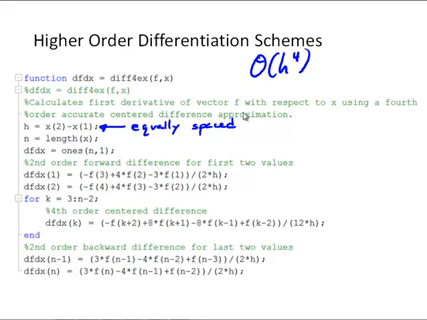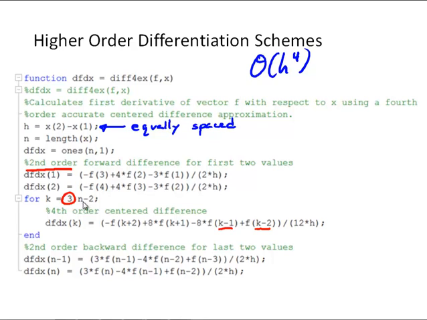And then we'll use a second order forward difference approximation for the first 2 points, because we need to get to the third data point before we can use that fourth order centered difference formula, because it includes k minus 2 and k minus 1 points.